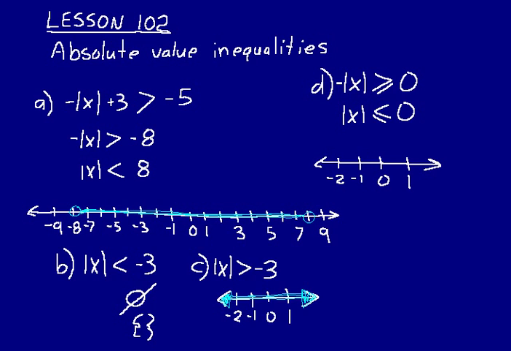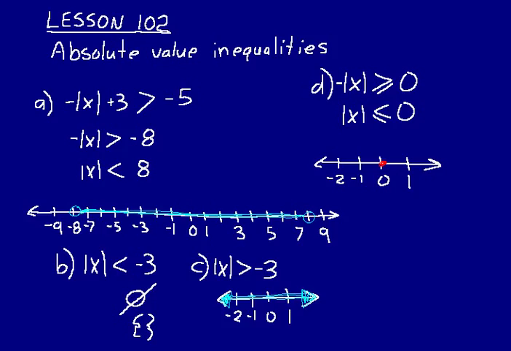And we have the absolute value of x less than or equal to 0. Well, the absolute value of any number cannot be less than 0. It can be equal to it, but it can't be less than. So there's only one answer here. There's just a dot at 0. That would be the set representing that inequality, absolute value of x less than or equal to 0.